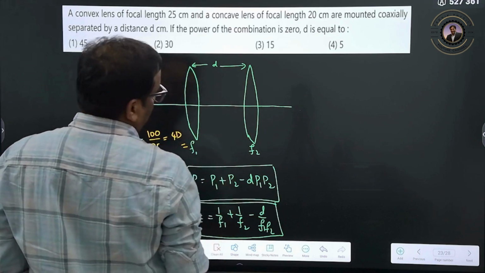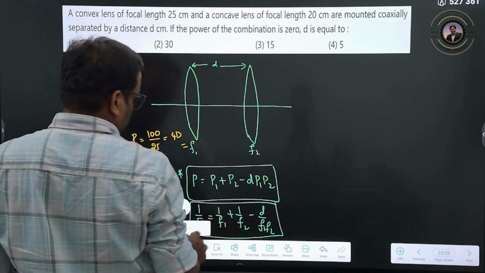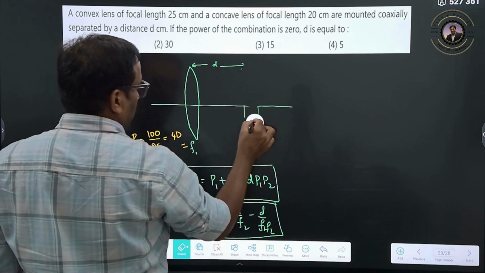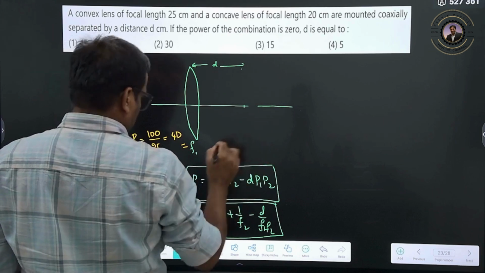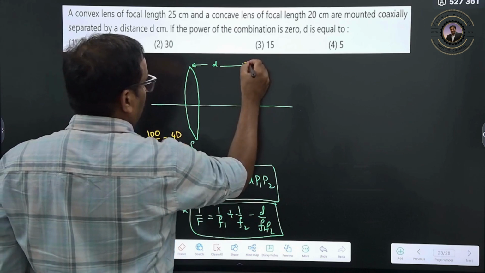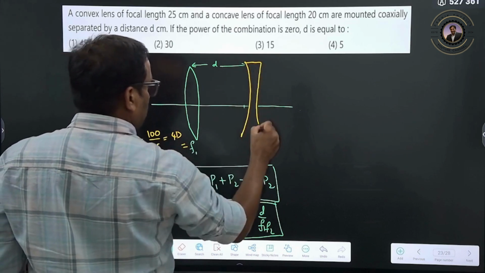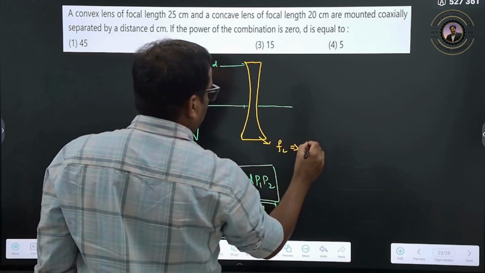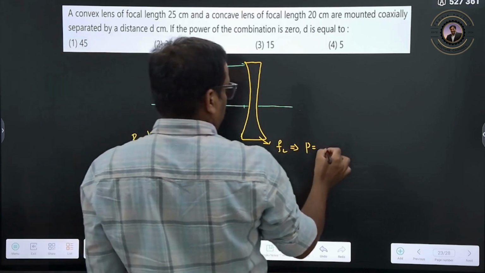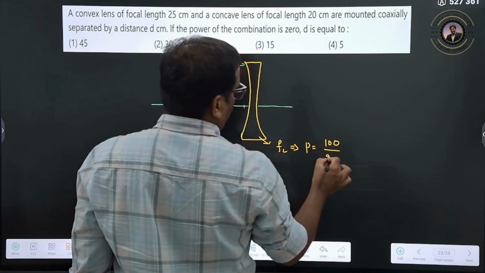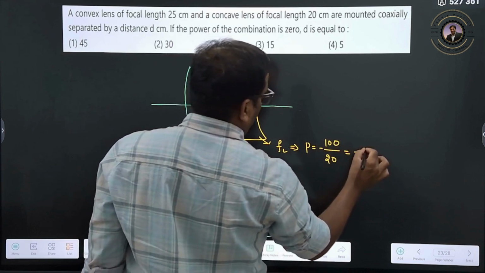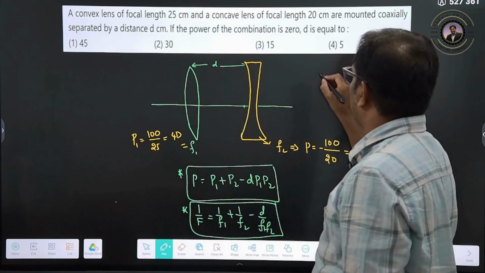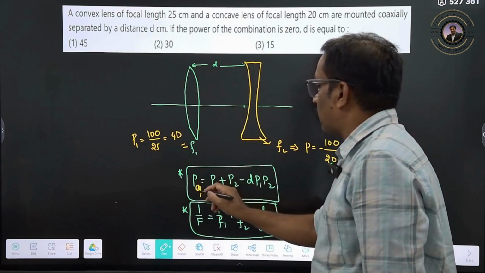This is a concave lens, therefore power is equal to 100 by 20, therefore minus 5 diopter. Clear? So power of the combination will be equal to 0.